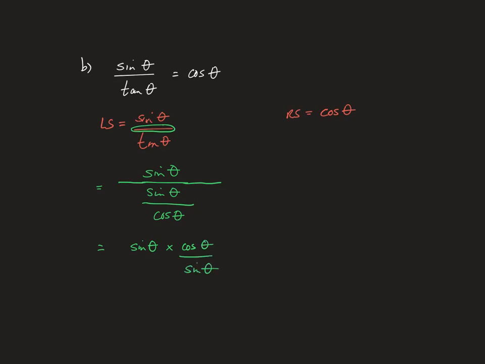And now I have an opportunity to cross-reduce, because my sine thetas will divide out, and therefore I arrive at cos theta, and I love having cos theta. Why? Because what's my right side? It's cos theta, and since my left side equals my right side, it has been proven.